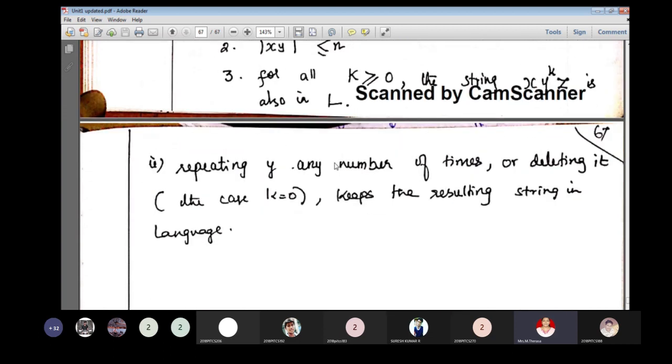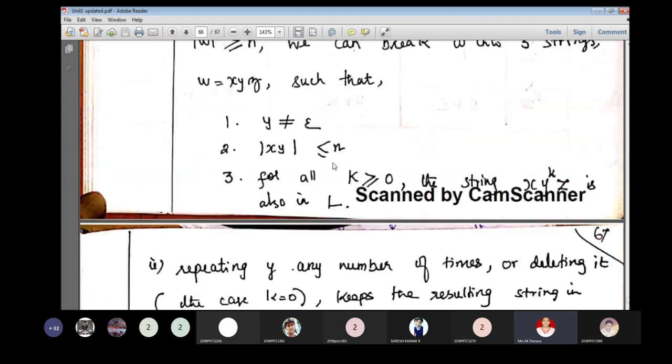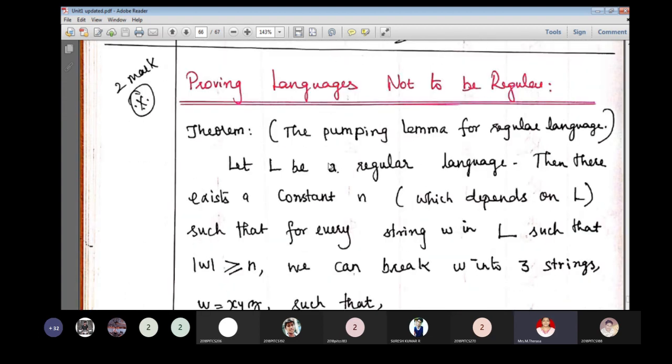Okay, that is repeating y any number of times or deleting it. The case k is equal to 0 keeps the resulting string in the language. So what does it mean? Whenever you are given a language, and you want to prove the given language is not regular, you can use this pumping lemma. So for that, first you have to consider the given language as regular.